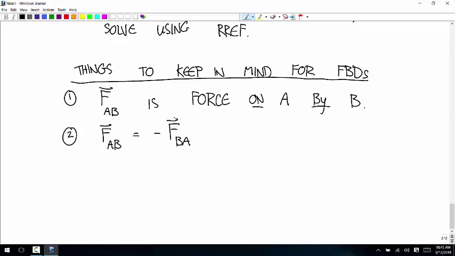Call this one, for this body, F12, and call the one over here negative F12. Okay. So this allows you to minimize the number of force variables.